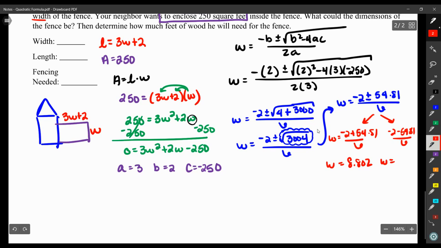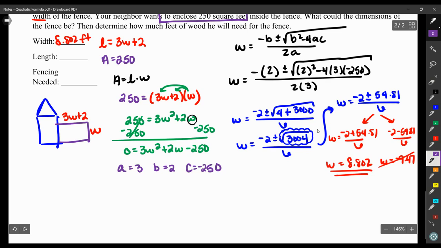On the right, if you simplify this fraction, we end up with a width of negative 9.47. Again, the width cannot be negative, so this solution we have to toss out because we can't have a negative width. So this answers one question that I was asked, part of the dimensions of the fence. So the width is 8.802 feet.